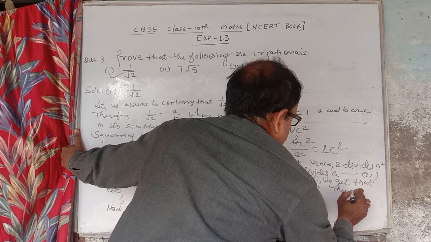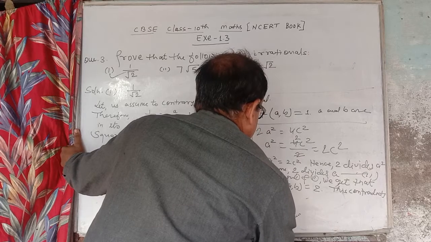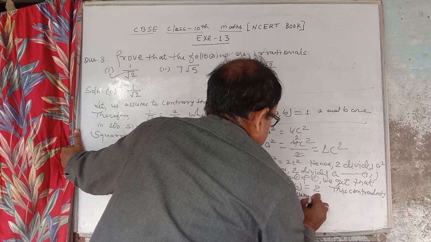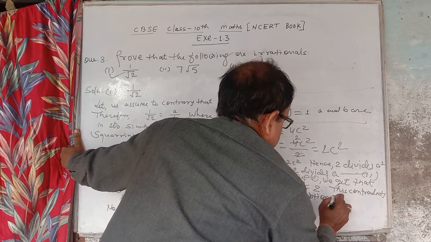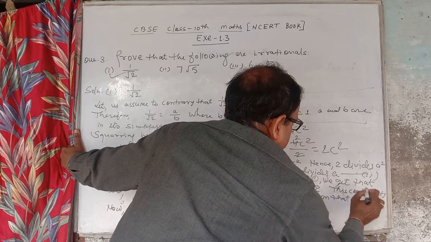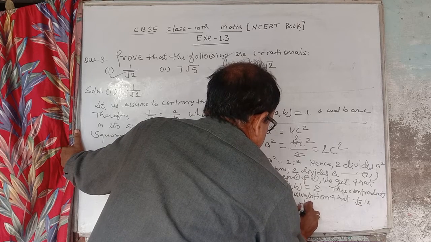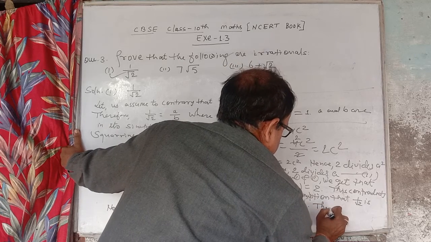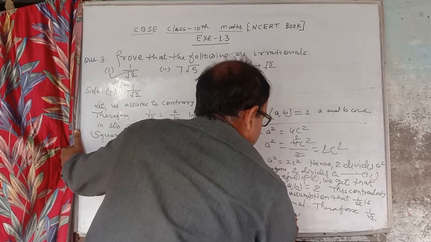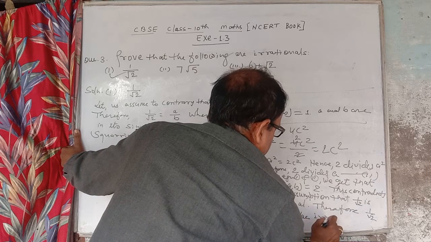This contradicts our assumption that 1 by root 2 is rational. Therefore, 1 by root 2 must be irrational.